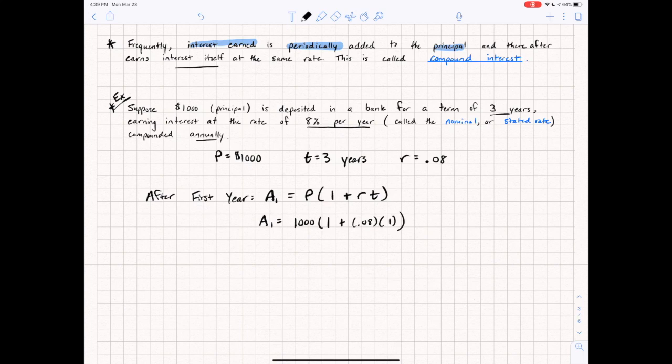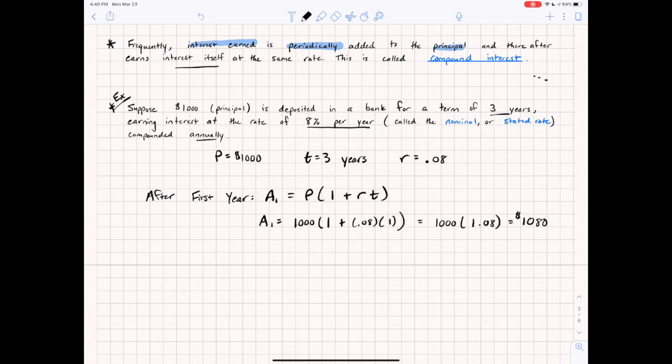And so that's just going to be 1, and so this is going to be 1,000 times 1.08, which comes out to be 1080 or $1,080. So that's how much I'll have in the account after the first year.